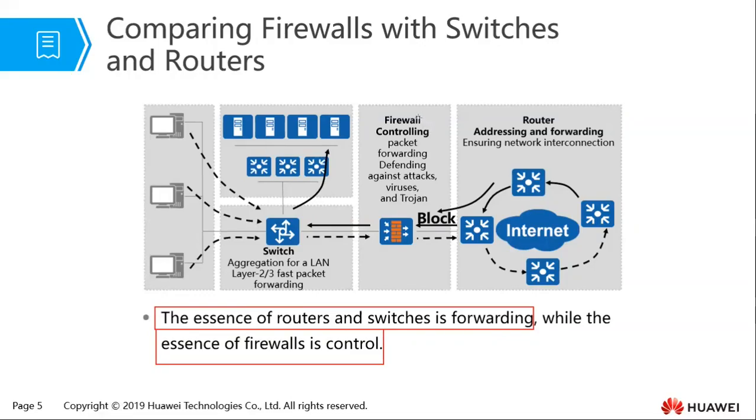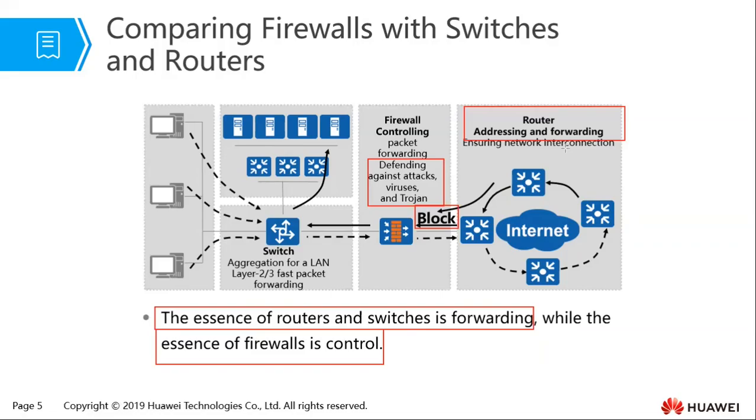So really, firewalls, unlike switches and routers, are used to defend against attacks, viruses, Trojan horses, and so on and so forth. So some traffic, when they come in, some are blocked, some are allowed to move on. On the other hand, routers and switches, their main purpose is forwarding of data.